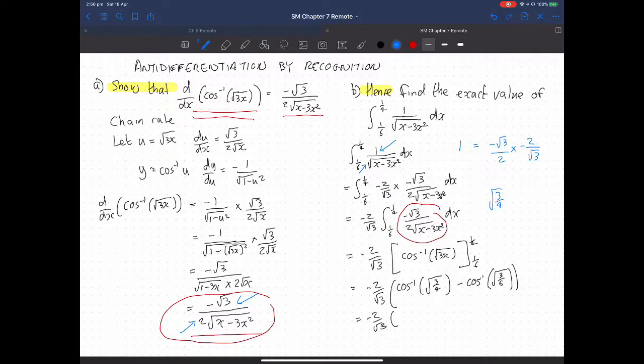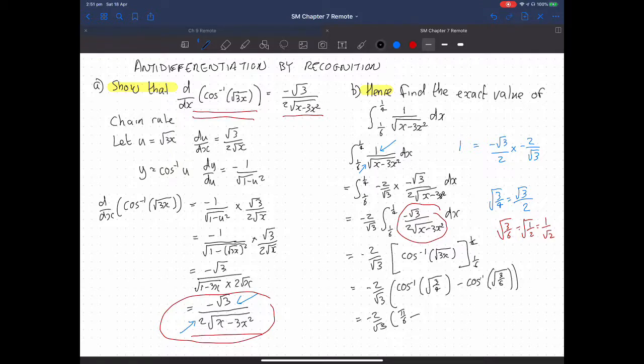Root 3 on 4 is equal to the square root of 3 on 2. The inverse cosine of the square root of 3 on 2 is pi on 6, minus, we've got the square root of 3 on 6, which is the square root of 1 on 2, which is 1 on root 2, or root 2 on 2, if it was rationalized.